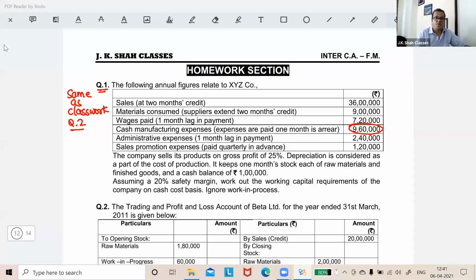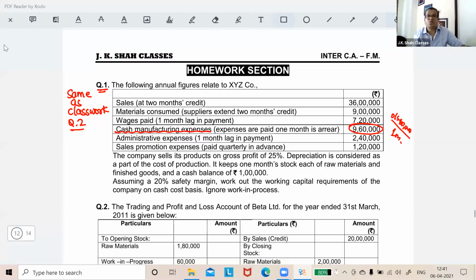Now see, this is the same as classwork question number 2. Guys, important to understand. Our burden reduces. It is the same. So what is the only difference? This is the only difference. Check your classwork question number 2, guys. Here, instead of giving 960, we were told outstanding 80,000. Remember? We were told outstanding 80,000 for 1 month. Rest of the numbers, everything is the same. You're going to get the same answer. Got it?